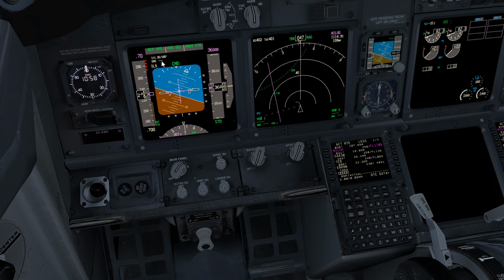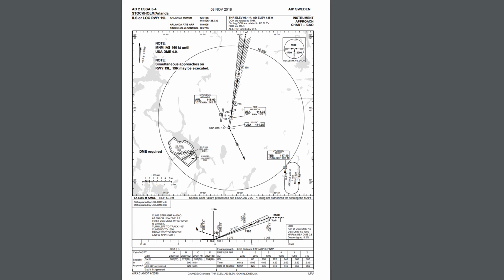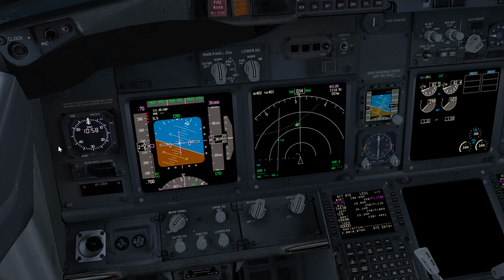So until you have passed 4 miles on the ILS, you have to keep 160 knots at least. And also another important thing, you can also see it in the FMC. You will double check this, or we will do it. I will show you how to check it. The platform altitude, this is called the platform altitude, is where you should intercept the ILS.